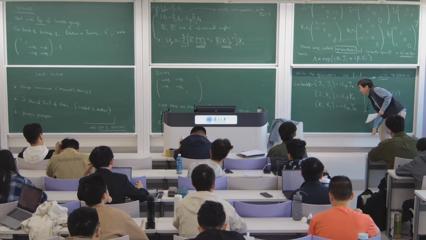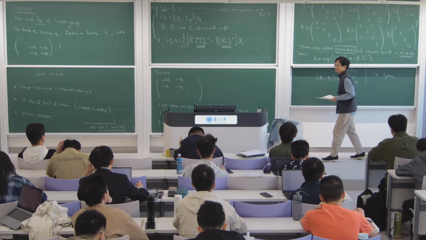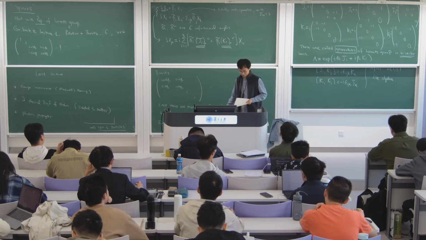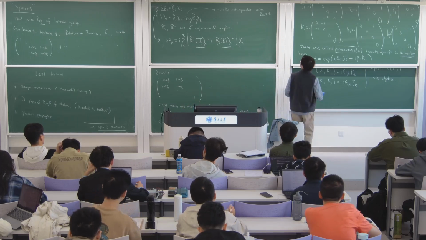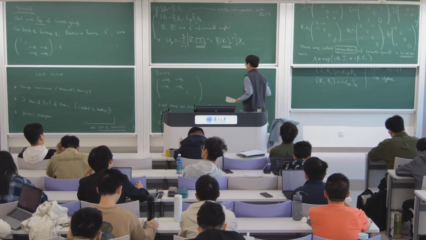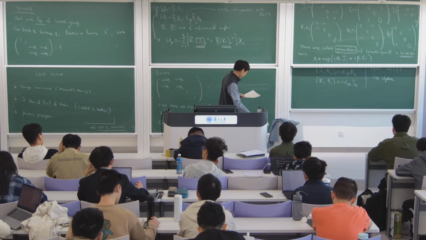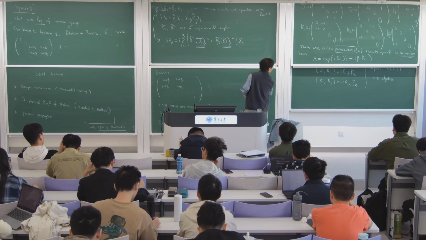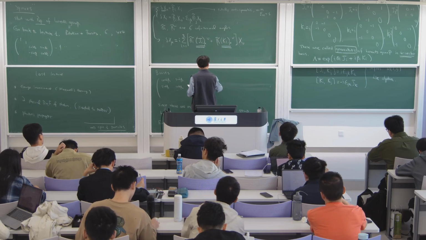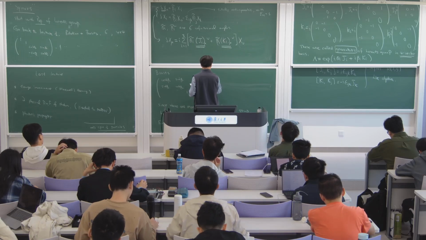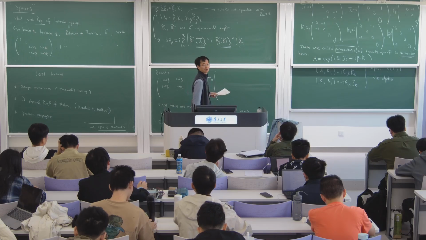And sometimes people also write these generators in a more fancy expression. One can organize all these J and K in a more compact way. You can put them together to form another 4x4 matrix.